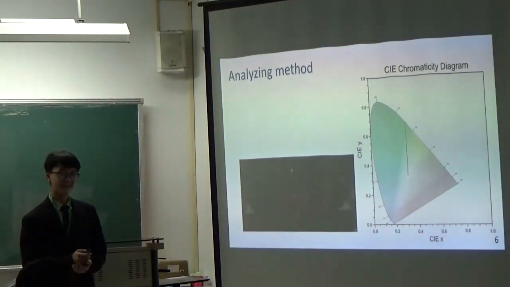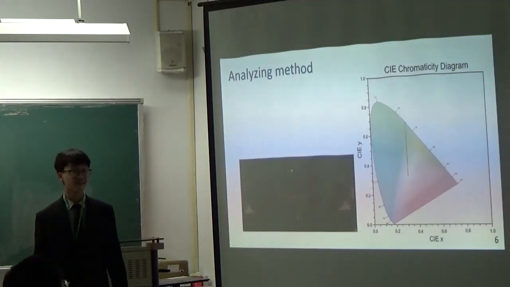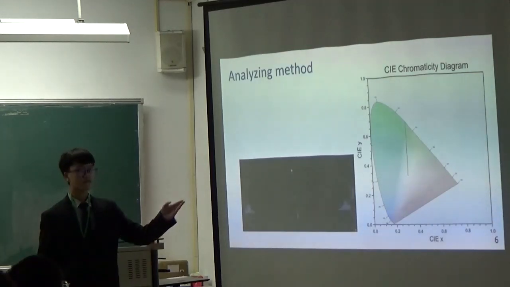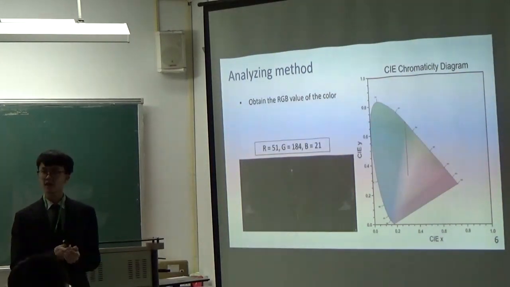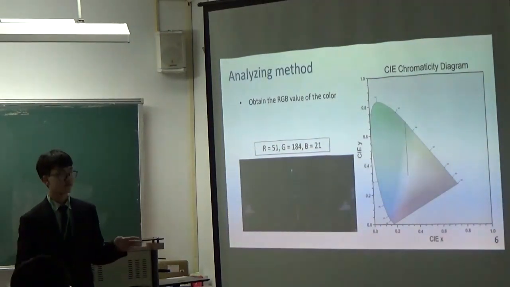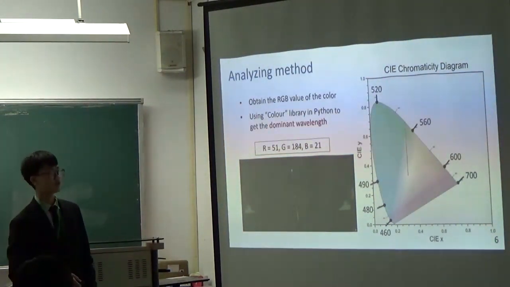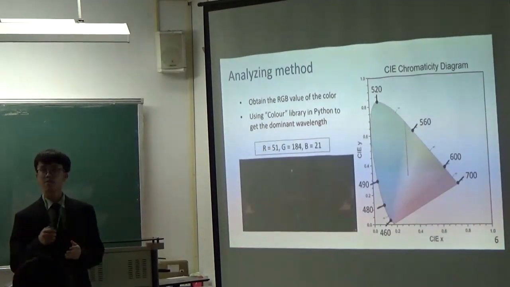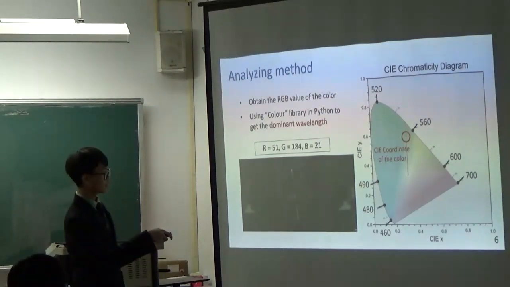For the analysis of the color, we use the CIE chromaticity diagram to analyze the color we've gotten from the picture. We obtain the RGB value of the color from the camera. Then we can compare it to the CIE chromaticity diagram to get the dominant wavelength of the light. For example, here it is a green line.